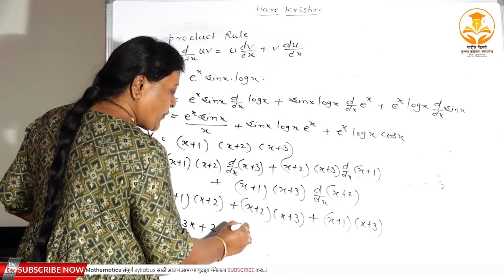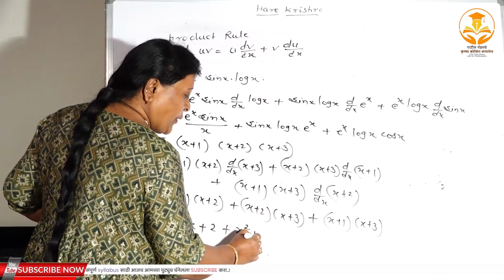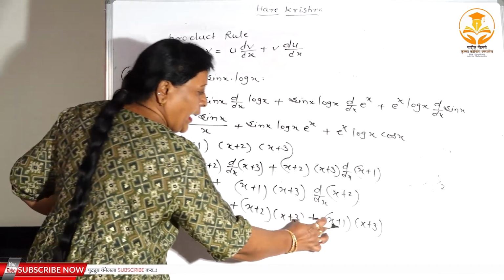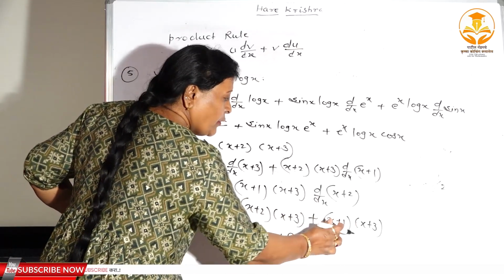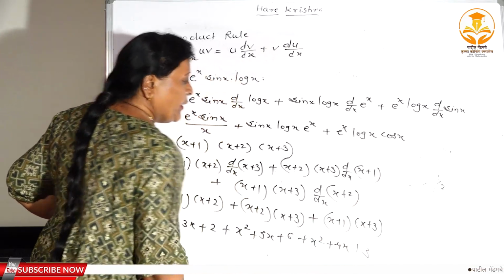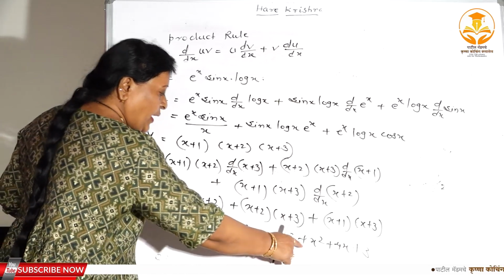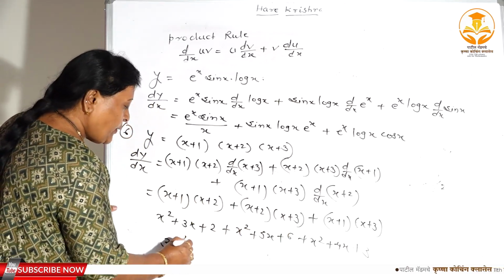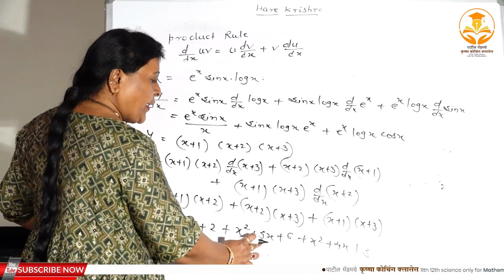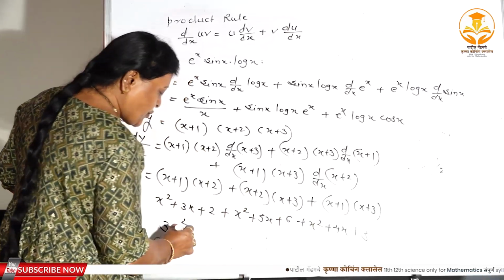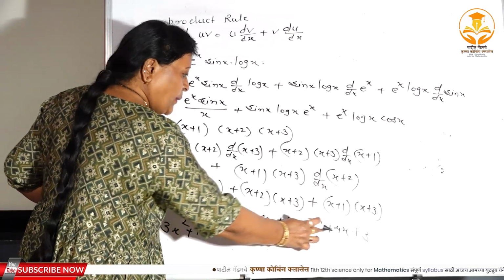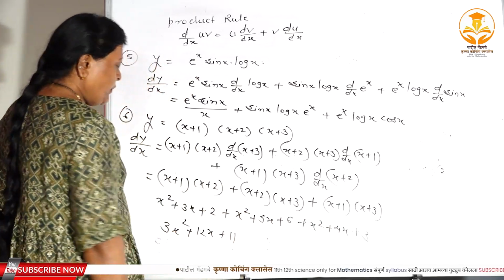x into x, x square, 3 plus 2, that is 5, means 5x you have to write, 3 2s are 6, right? Again x into x, x square, 1 plus 3, 4, 4x, and 1 into 3, that is equal to 3, right? x square, x square, x square, you have got as 3x square. 3x plus 5x plus 4x, 3x plus 5x, 8x, 8x plus 4x, 12x, right? 2 plus 6, 8, 8 plus 3, that is equal to 11, isn't it?